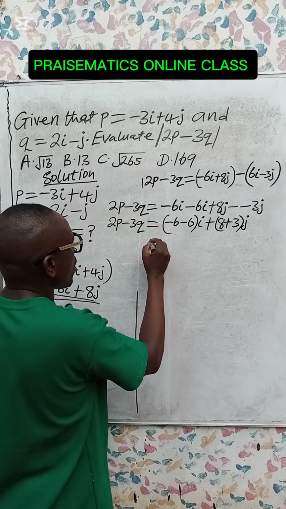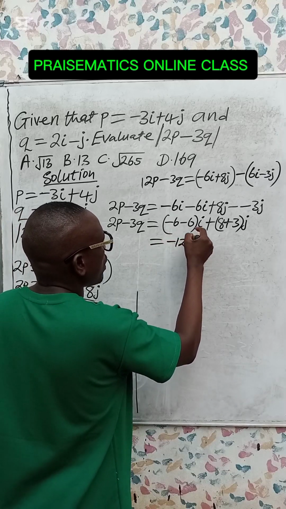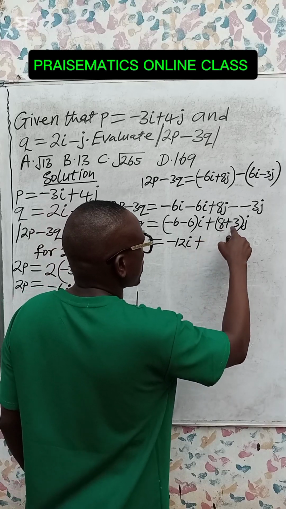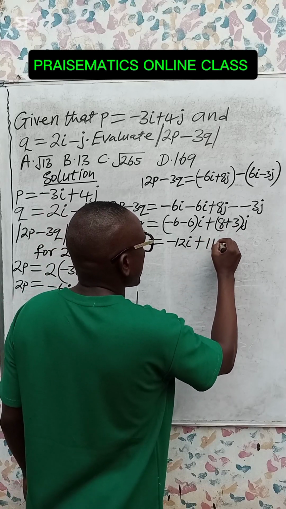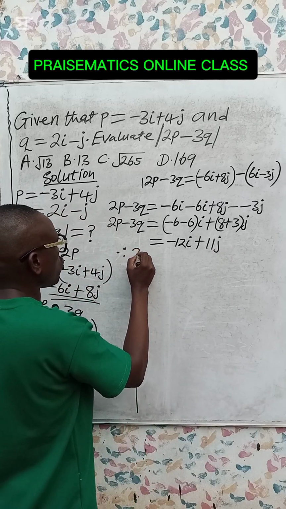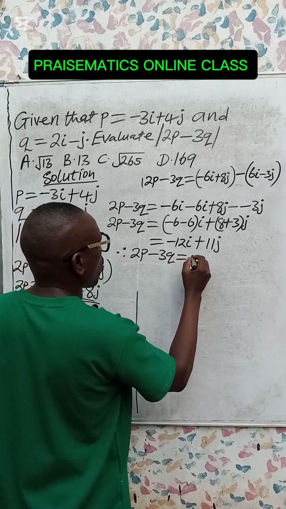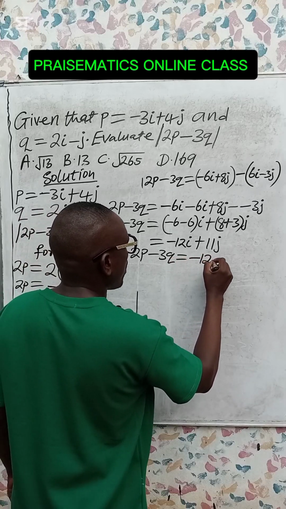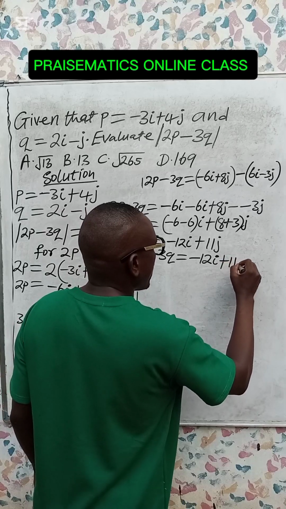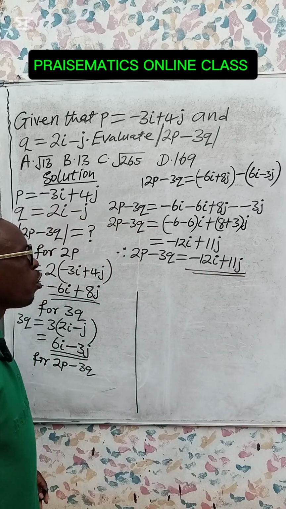Now we have minus 12 in the direction of i, plus 8 plus 3 gives 11 in the direction of j. So the value of 2P minus 3Q equals minus 12i plus 11j.